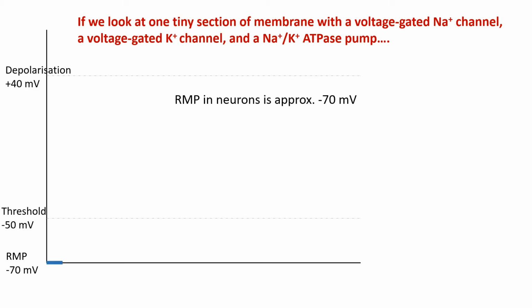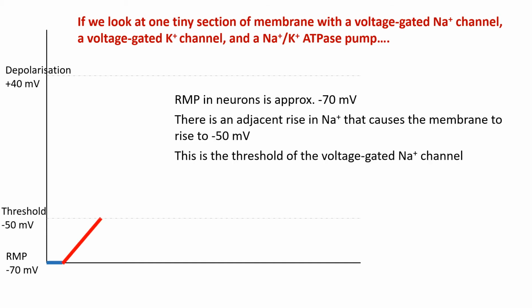So resting membrane potential in neurons, as we said, is approximately minus 70 millivolts. So there we are, we're sitting in this tiny, tiny section of membrane quite happily at resting membrane potential. We get this adjacent diffusion of sodium. So there is an adjacent rise in sodium that causes the membrane around our little channel to rise to minus 50.